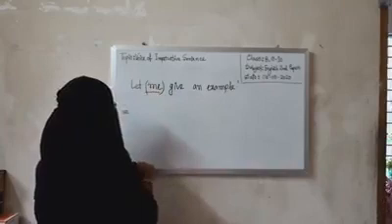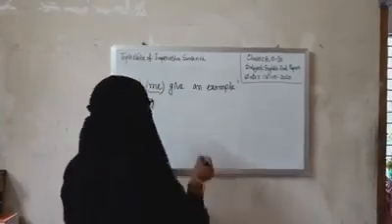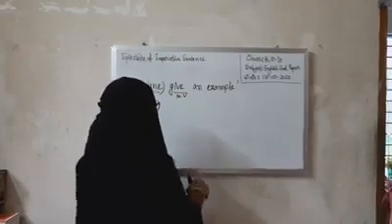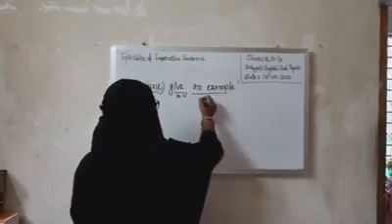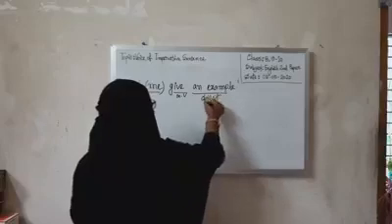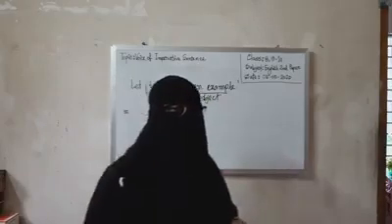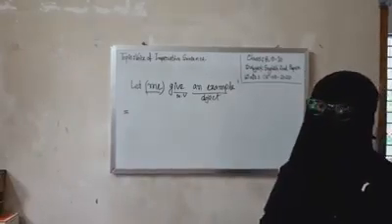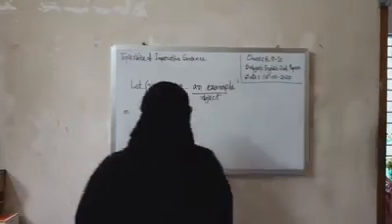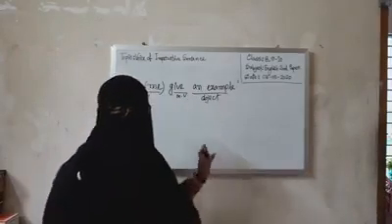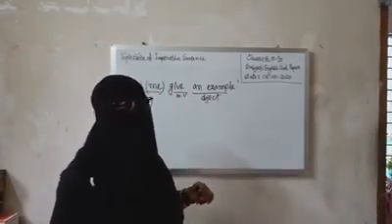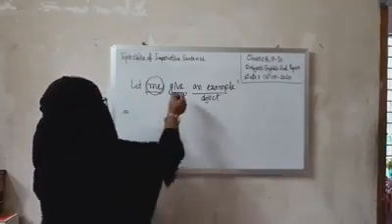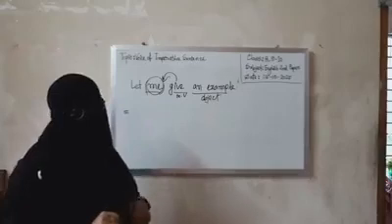a personal object just before the main verb of the sentence, and then we find an object. What is the difference you find in this sentence? In the examples which I gave before, there are no personal objects just before the main verb.